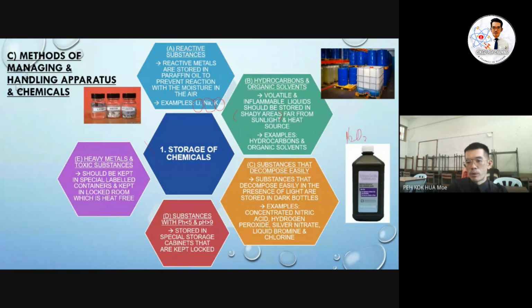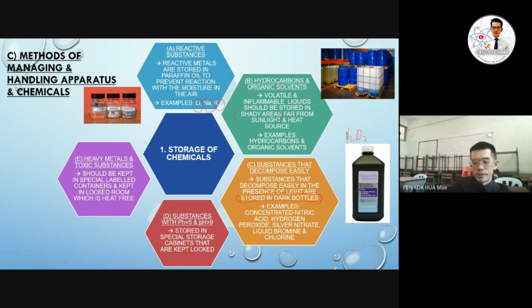Substances that decompose easily in the presence of light are stored in the dark. That means we need to store this type of material in dark conditions, because the reaction of the chemical will occur when it is exposed to light.